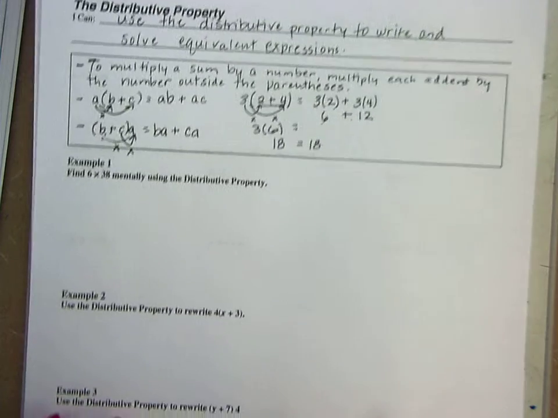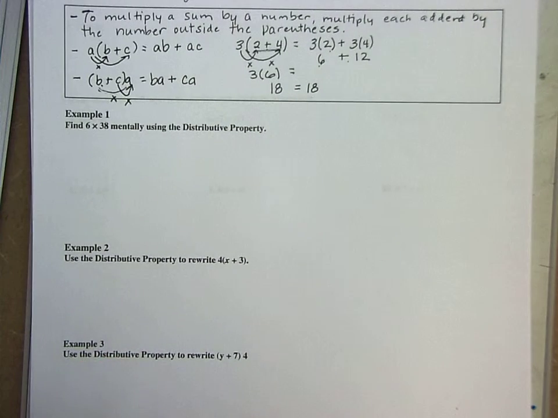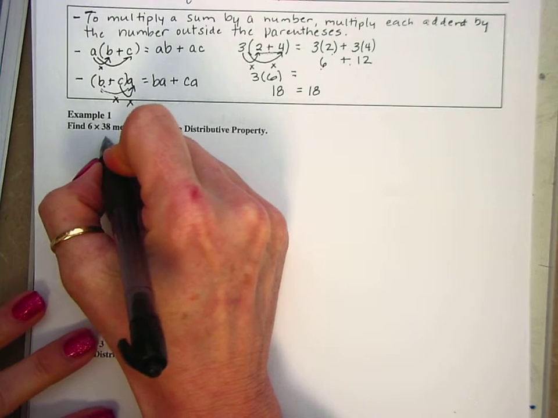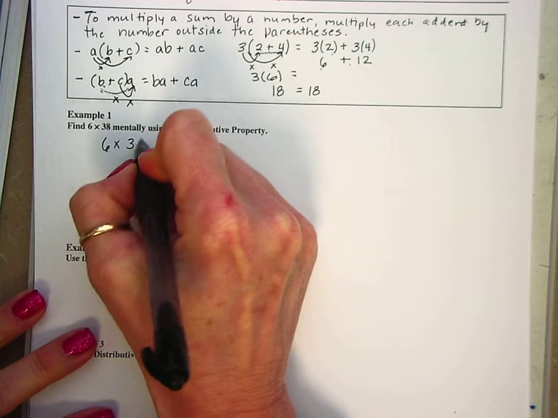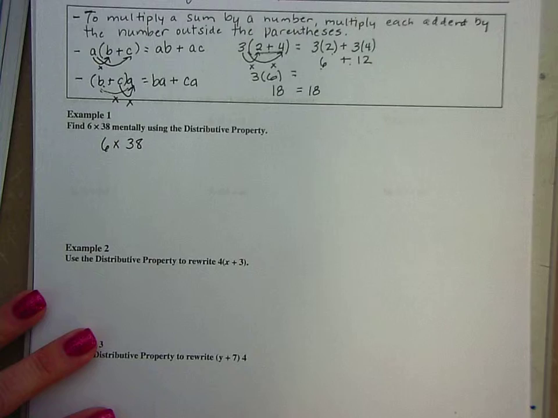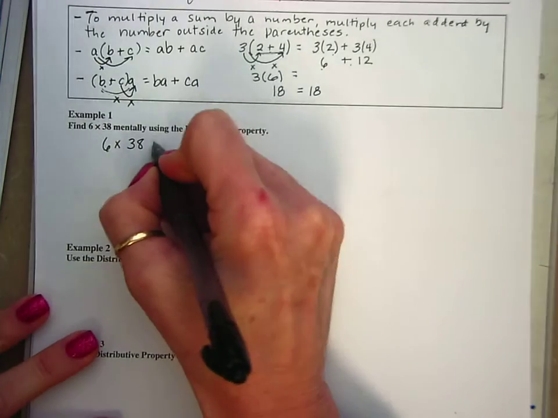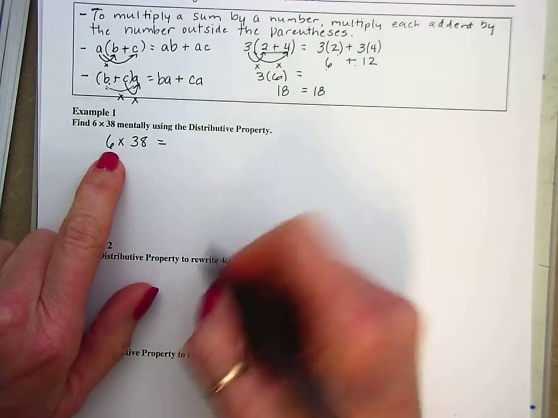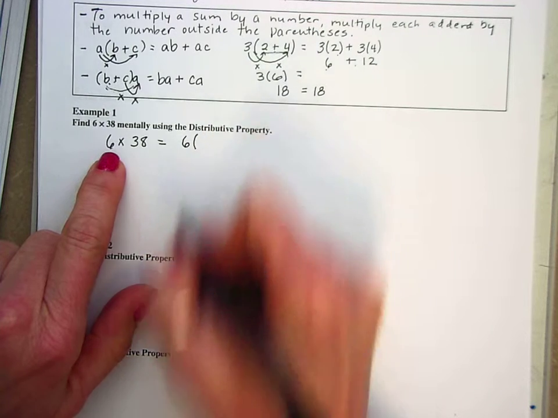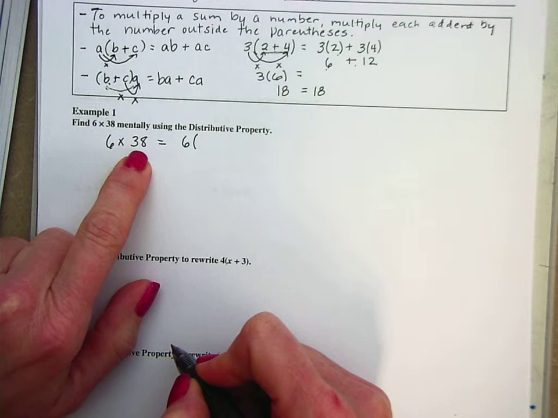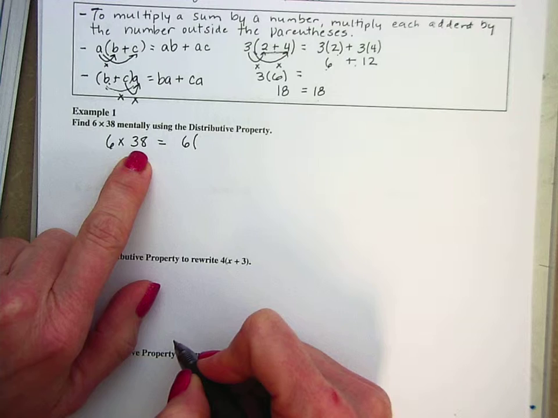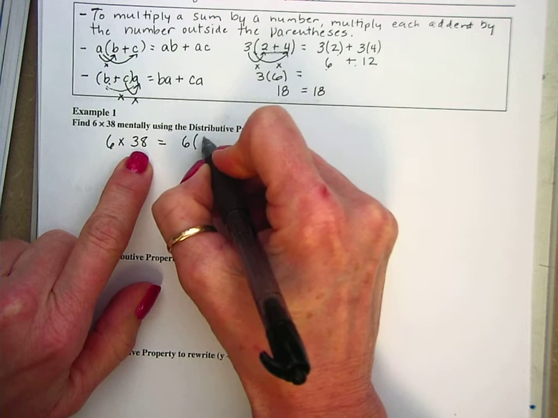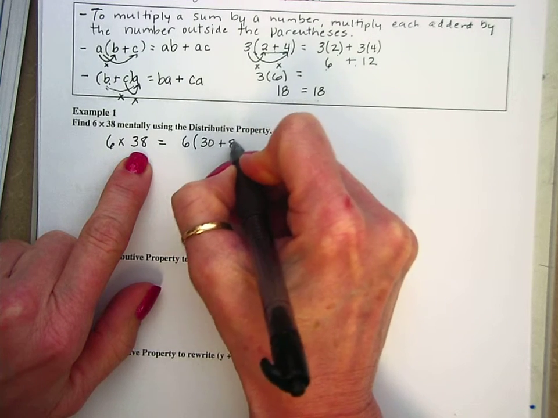Okay, in example 1, we're going to talk about how to use the distributive property for mental solving. So we have the expression 6 times 38. All we're going to do is pull that 6 out, and then basically expand the 38. One way to expand that number is to say 30 plus 8.